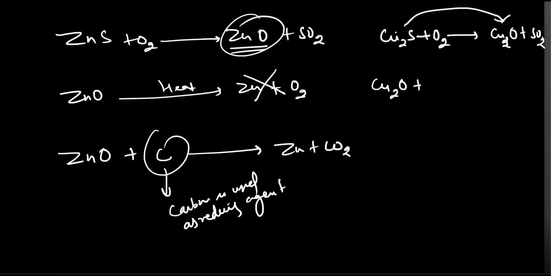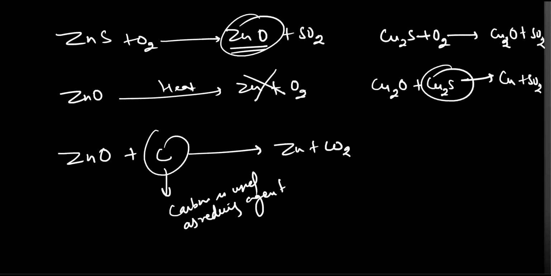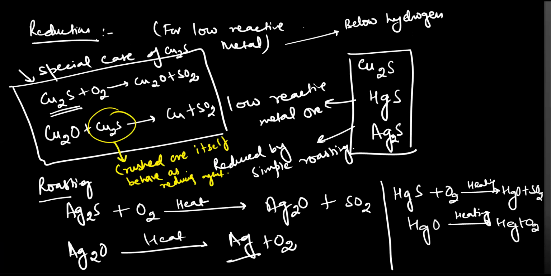It is not instantly all formed first; as some particles get converted, other particles start reacting with them. So here you need not go to the market. The crushed ore itself behaves as a reducing agent. When you heat the mixture together, it will give you Cu plus SO2. Understood everybody in the class? Yes, sir. Okay, please note it down.